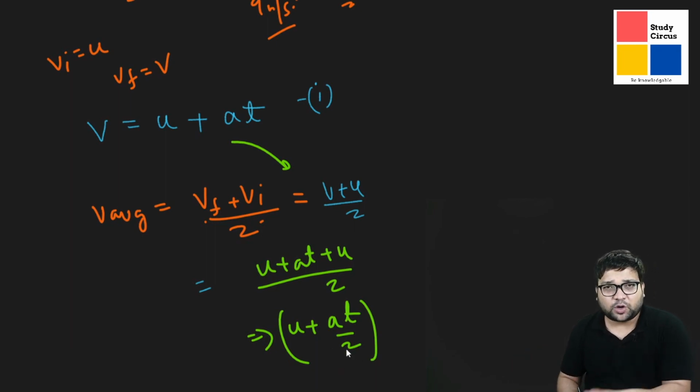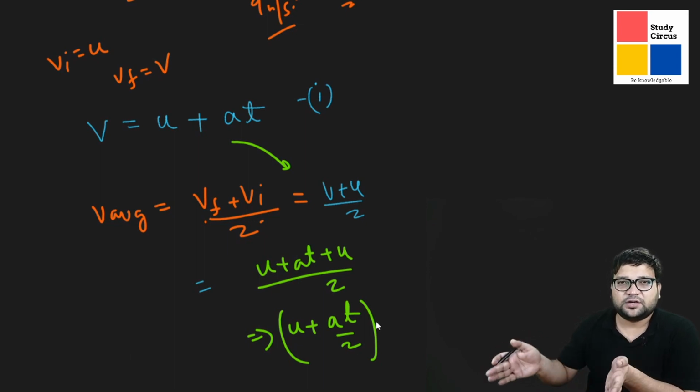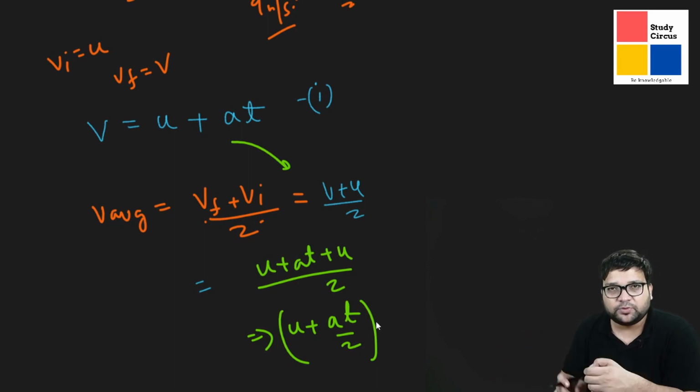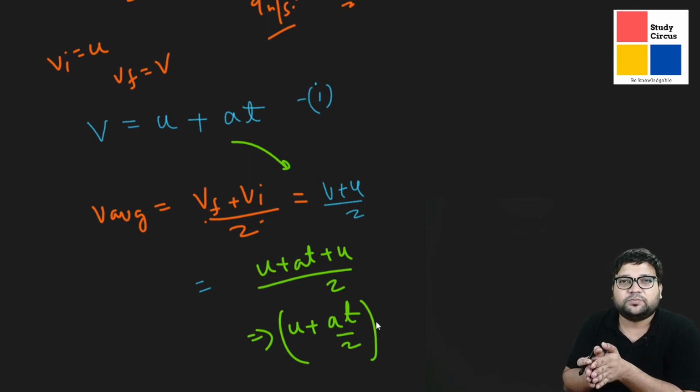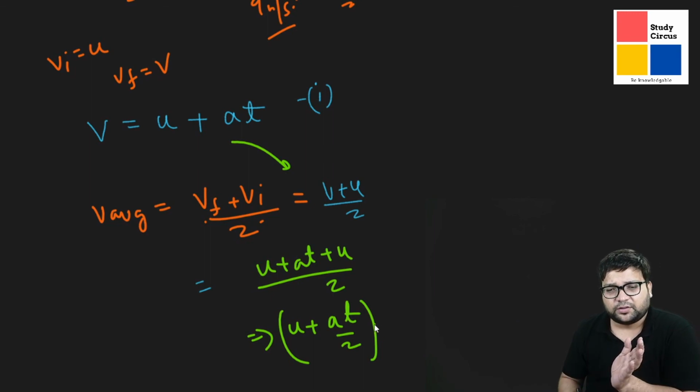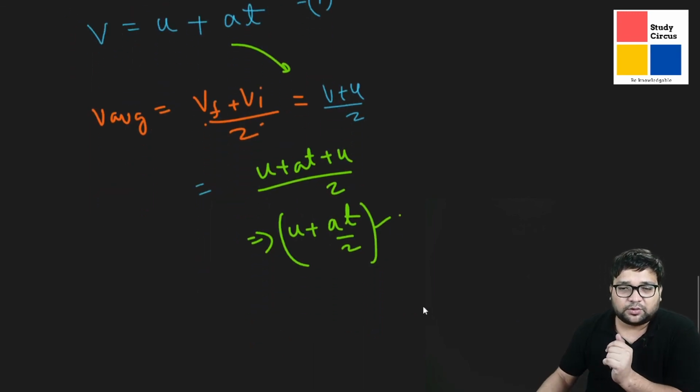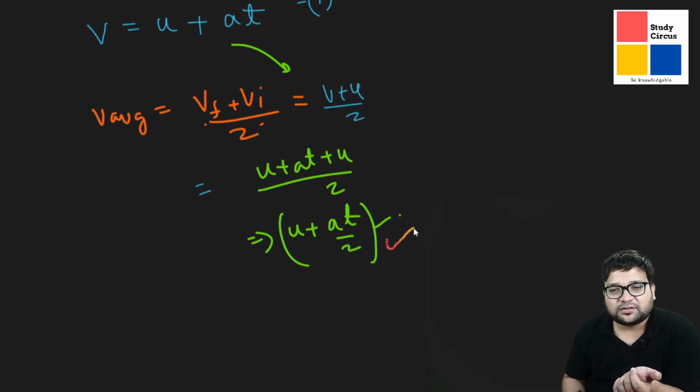This is not the actual speed, it is different at all times, but for a considerable time interval, this can be assumed for calculating the displacement or the distance if they are traveling in the same direction. I hope you understand this. Now, what is the displacement?